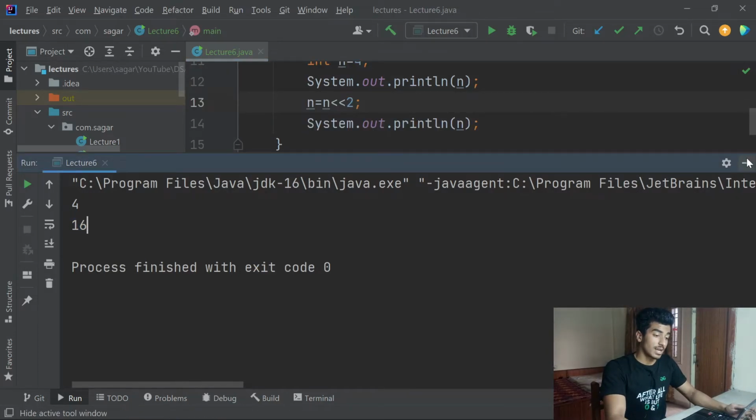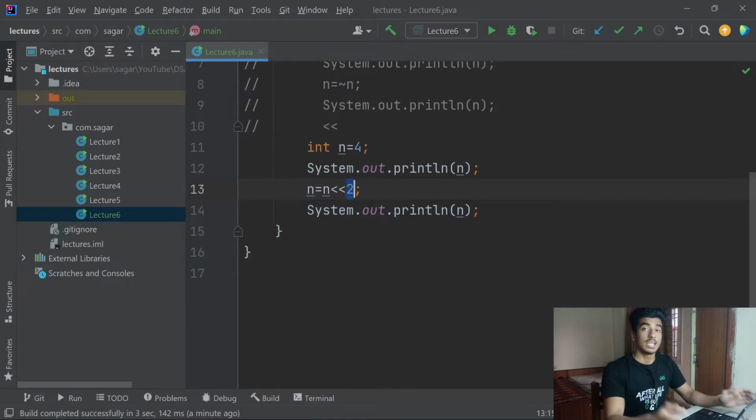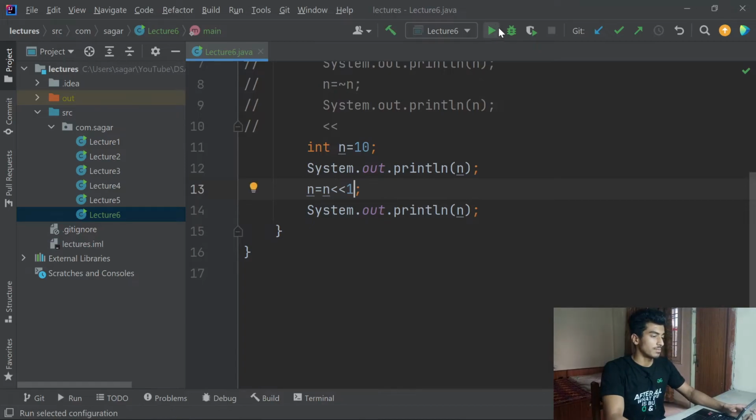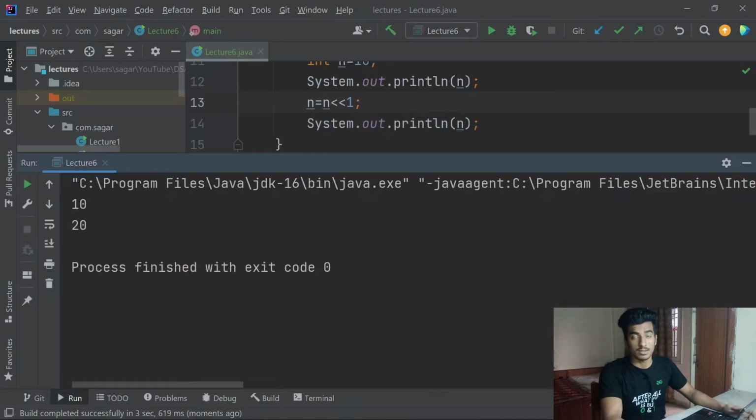So we can say that the number of times we are left shifting our number, we are multiplying it with 2. So when I write it as 10, and when I left shift it 1 time, the answer will be 20, as you can see here.